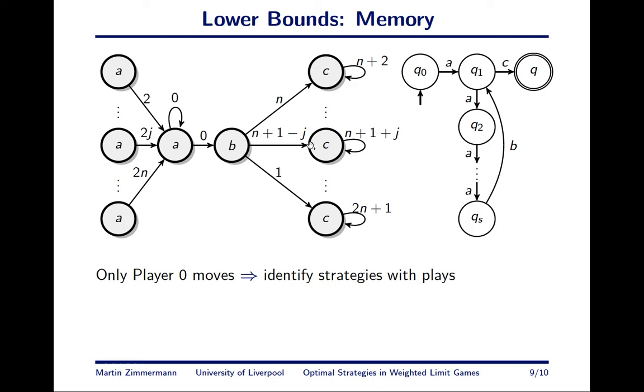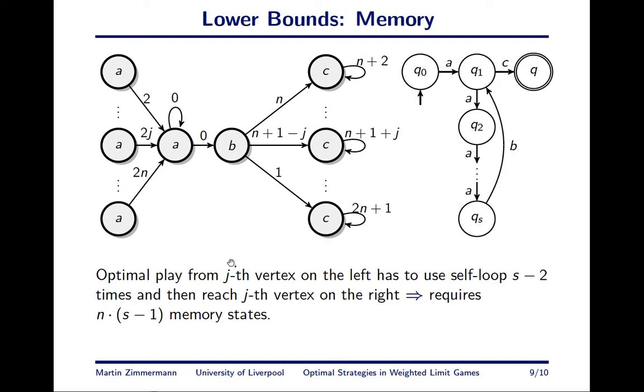Now, to implement this, you have to remember the index of your starting vertex, that's n memory states, and you have to use the self loop here a certain number of times, s-1 times. This comes from this automaton. And altogether, this means you need n times s-1 memory states.